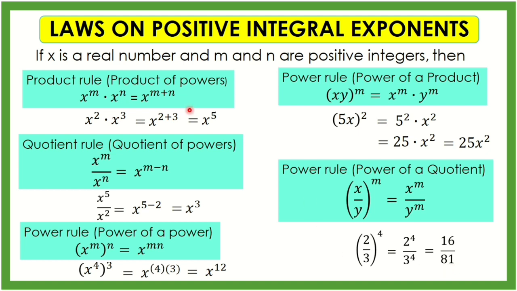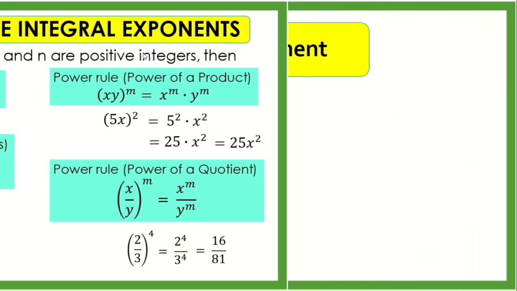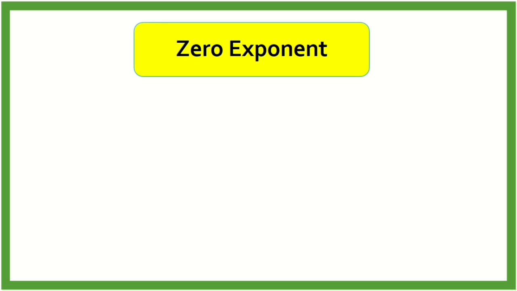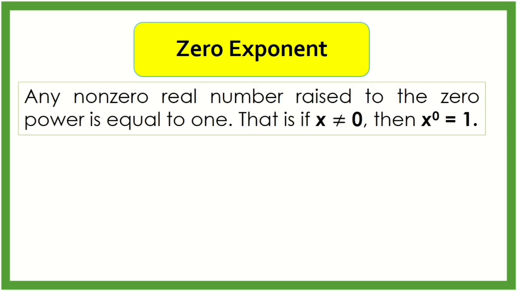Okay, so, ang laws on positive integral exponents ay magagamit natin sa zero and negative integral exponents. Okay, let's proceed to zero exponent. This is the definition of zero exponent.